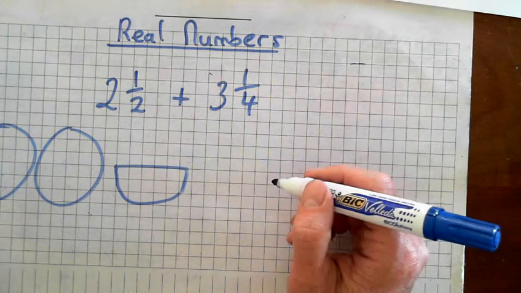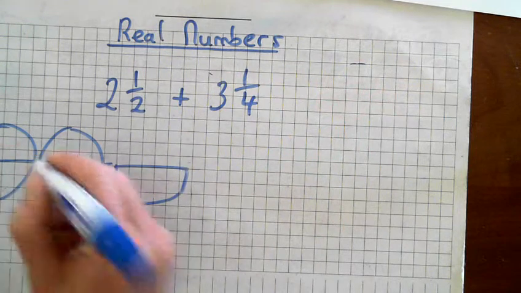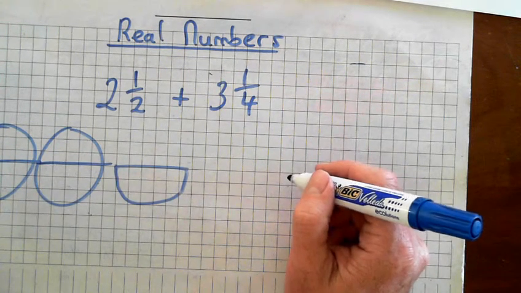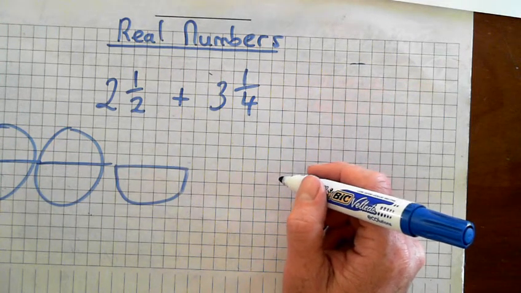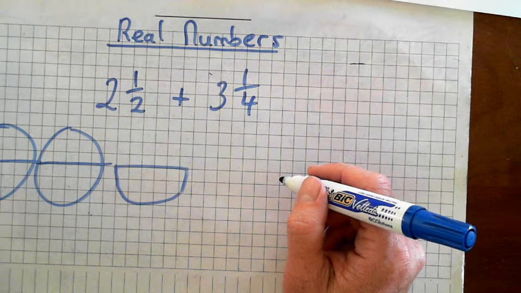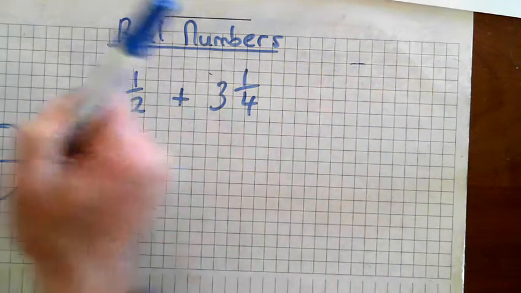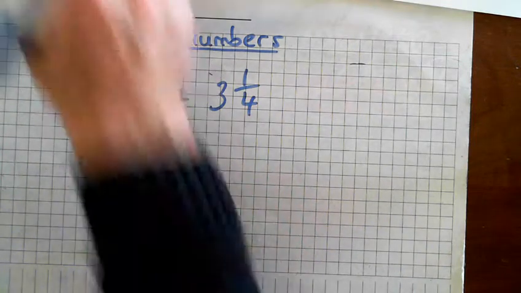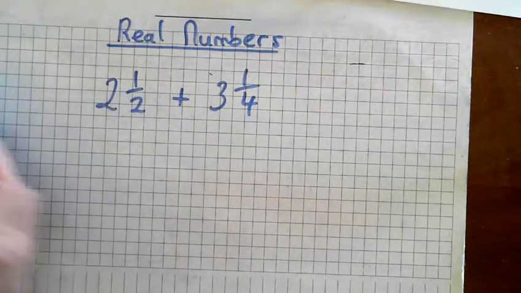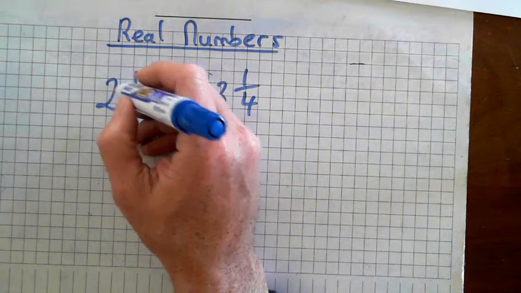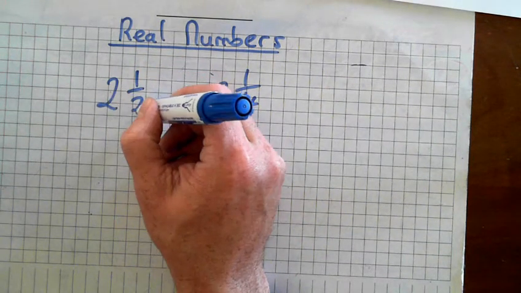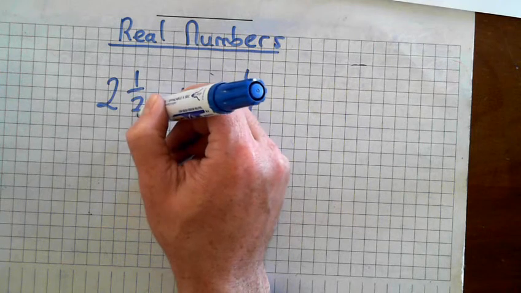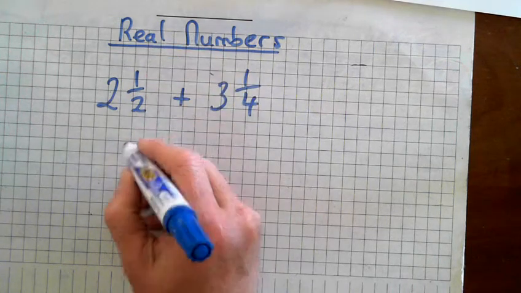How many halves do you have altogether? You have 5 halves. So you write 5 halves as 5 over 2. Here's another way of doing it. Finding 5 over 2: 2 times the denominator, 2 times 2 is 4 plus 1 is 5.